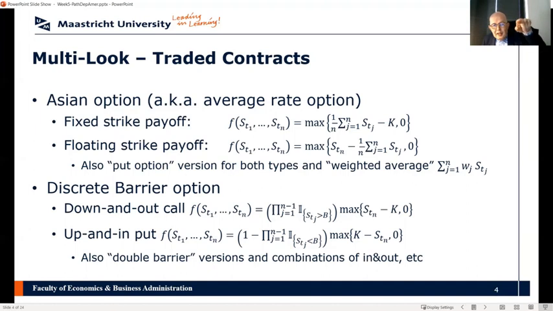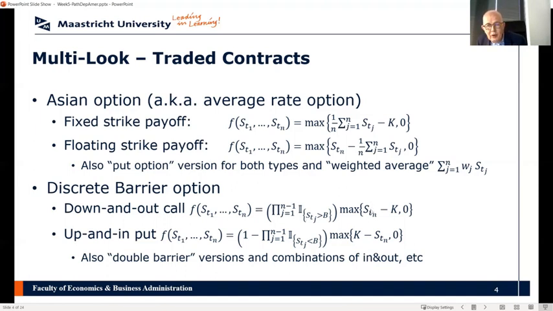I can represent this mathematically by taking the product of a bunch of indicator functions. Each time the stock price stays above the barrier, the indicator function is 1. But if the stock price at least once dips below the barrier, one indicator function becomes 0, and the whole product becomes 0, which nullifies the complete payoff structure.